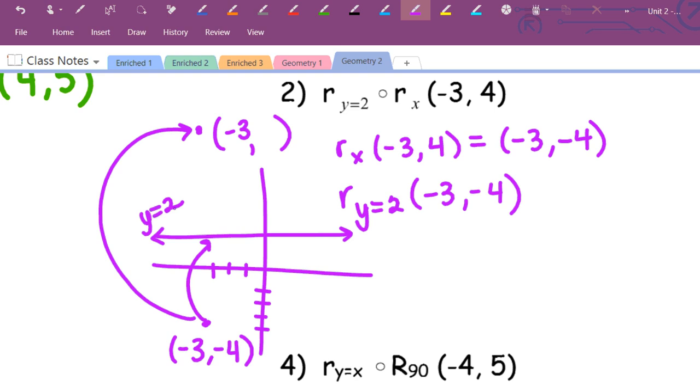We said was up 6. So now let's go up 6 more. Add 6 to that. What's our new y value going to be? Nope. We're at y equals 2. You got to go 6 more above that. -3, 8.